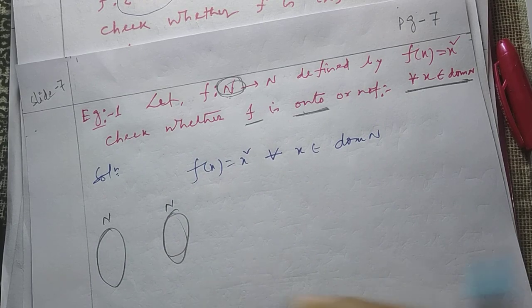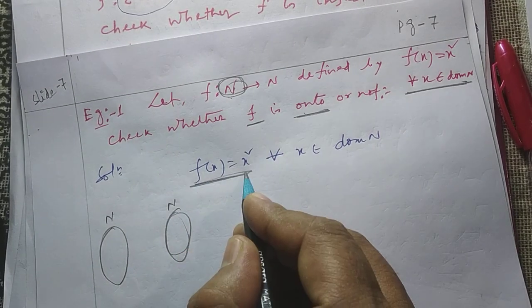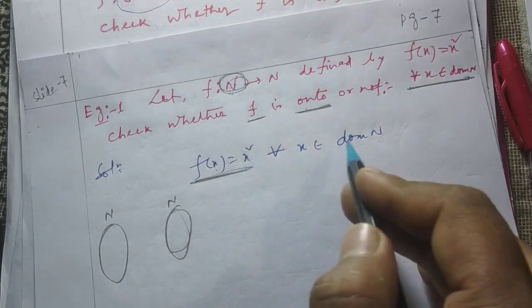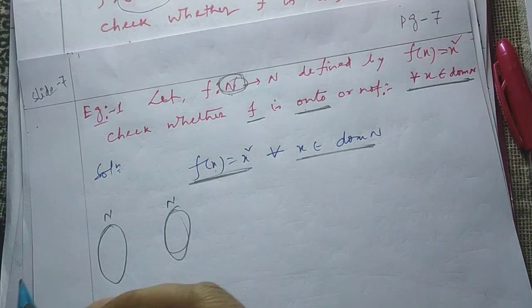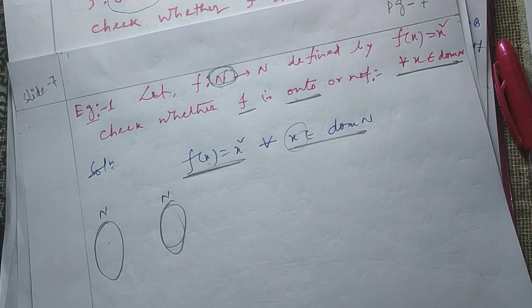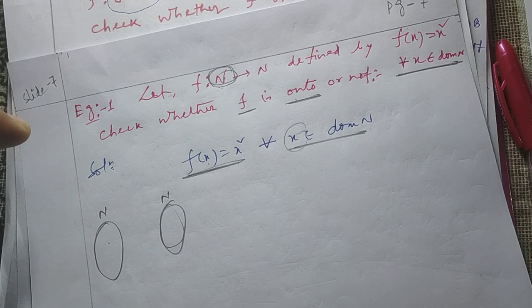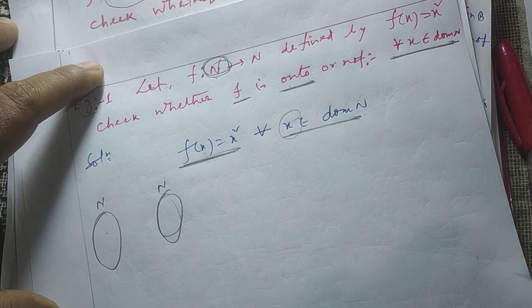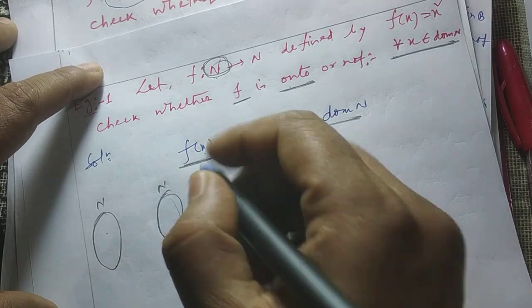Understood? Now look at how the function is defined here. f(x) = x square for all x belonging to domain natural numbers. All the x will be coming from where? Domain natural numbers. And we know to check the surjectivity, always we need to pick up the element from the codomain set. So according to it, let us pick up any element from the codomain set.